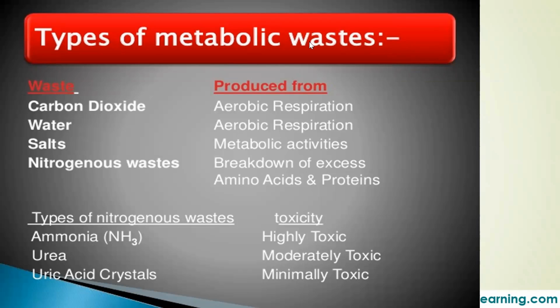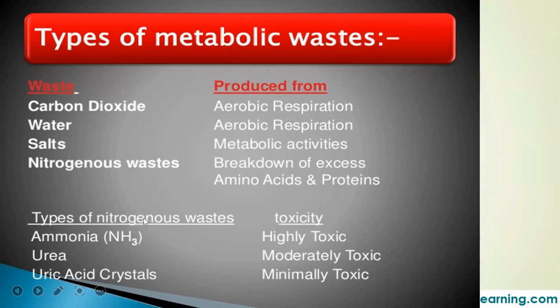When you see the structure of protein, it is made up of amino acids itself, so it also contains nitrogen in excess amount. The breakdown of these extra amino acids and proteins leads to the formation of nitrogenous waste, which is no longer used in our body. So these are the types of waste and the processes they are produced from.